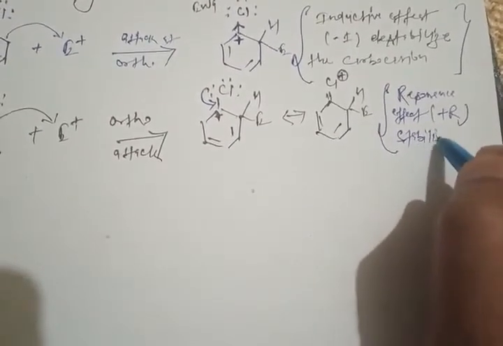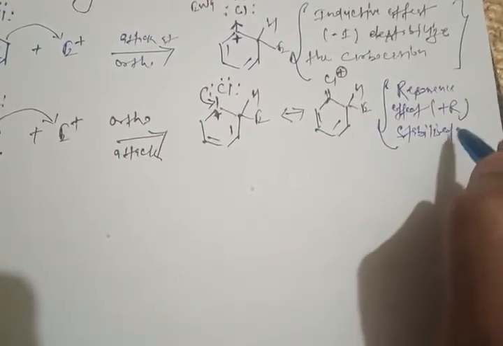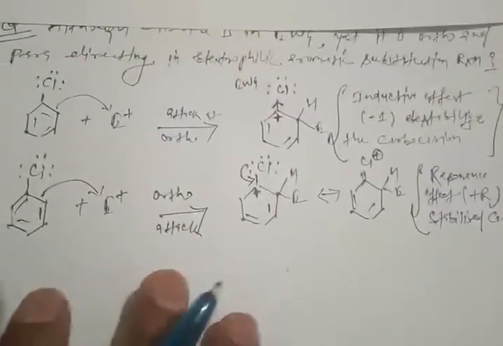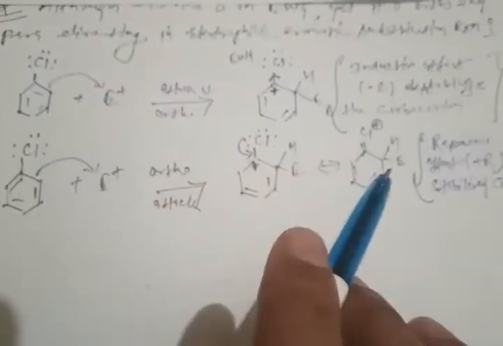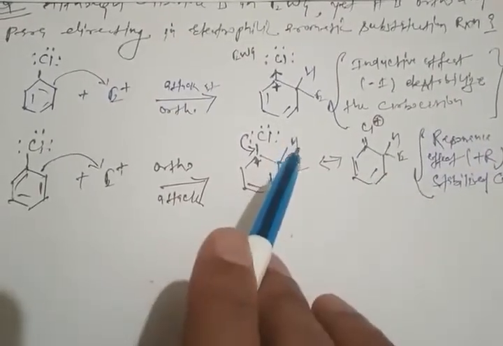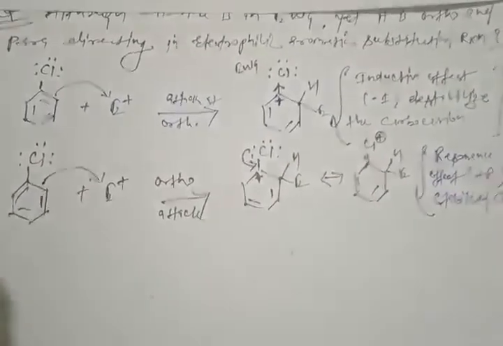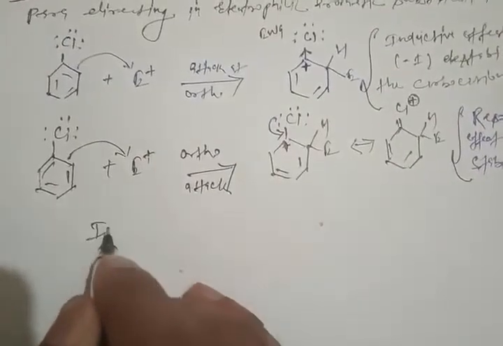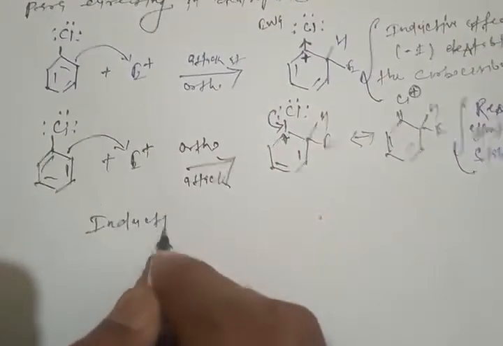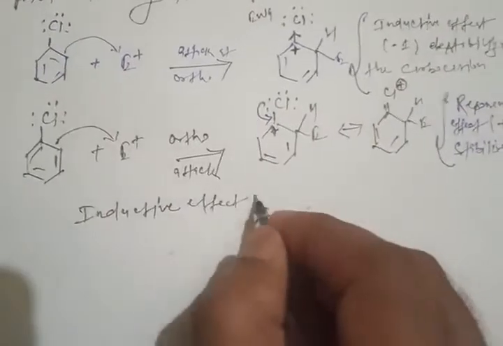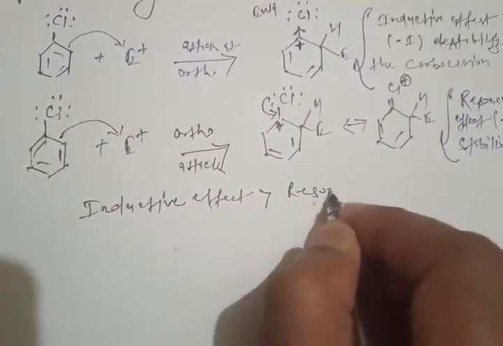I think we had already discussed this. So the resonance effect is stabilizing the carbocation and the inductive effect is destabilizing it. But we know that the inductive effect always dominates over the resonance effect.